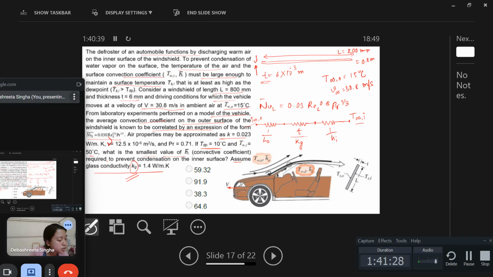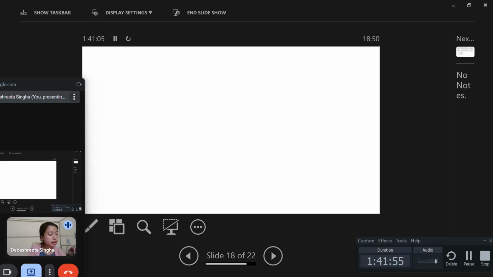Then this temperature is T_si, and the outer surface is T_so.